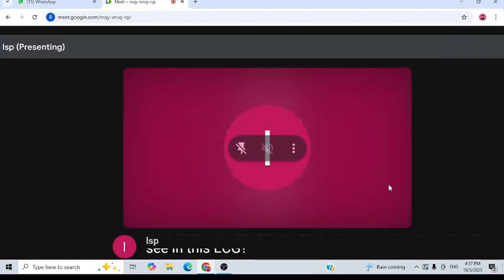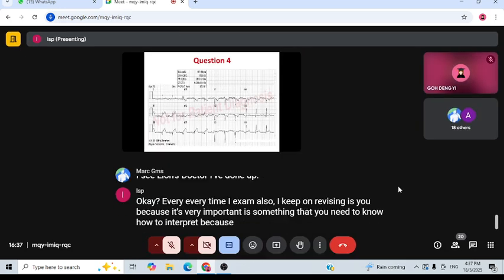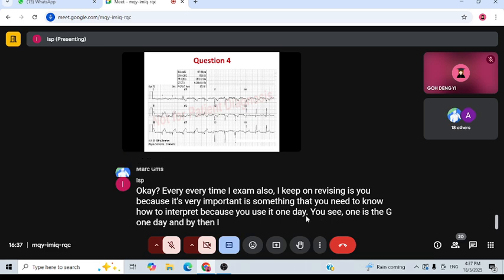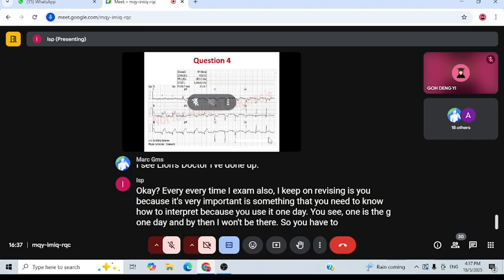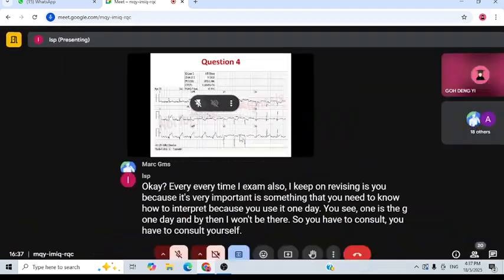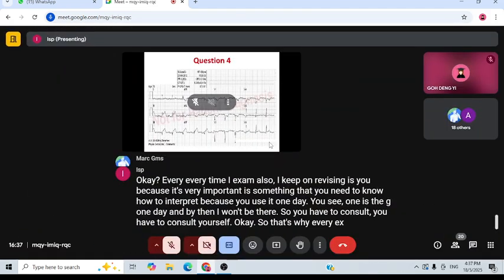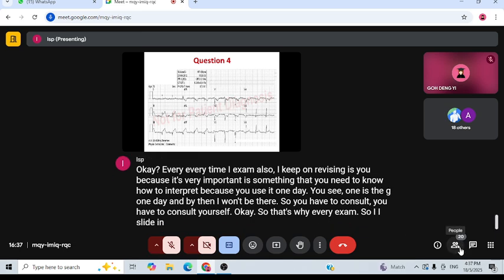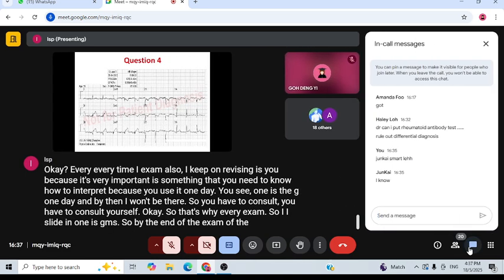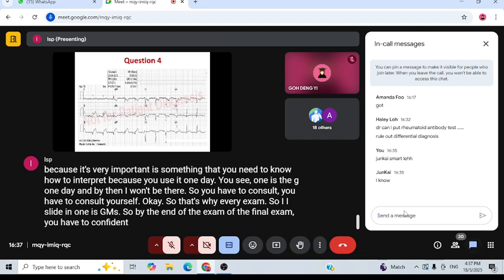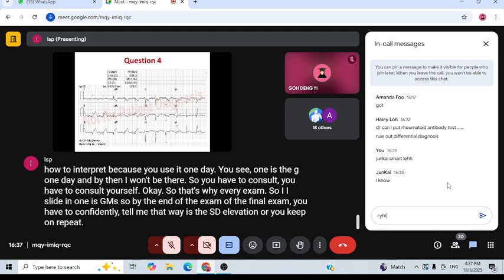You need to know how to interpret it, because one day you will see an ECG and I won't be there, so you have to consult yourself. That's why every exam I slot in one ECG image. By the end of the final exam, you have to confidently tell me where the ST elevation is, or you keep on repeating the exam.